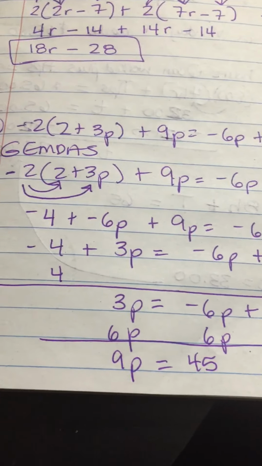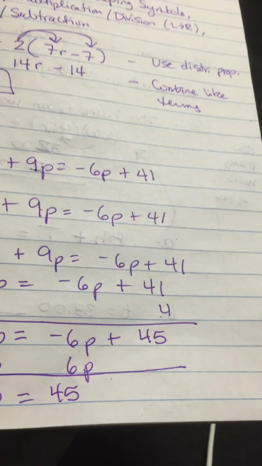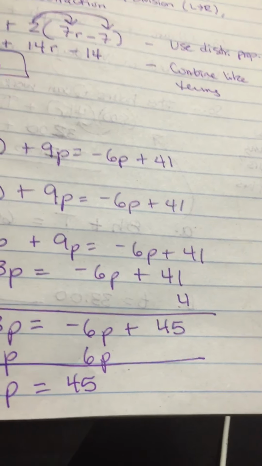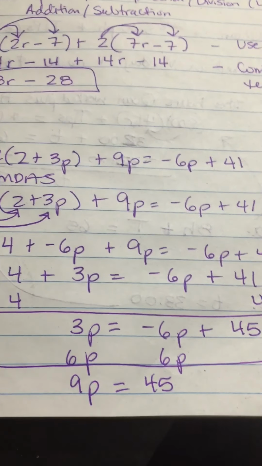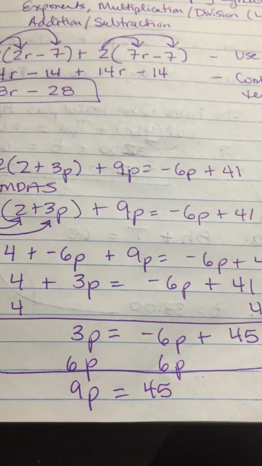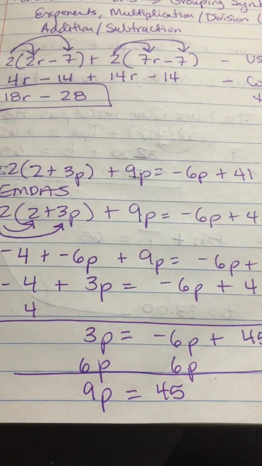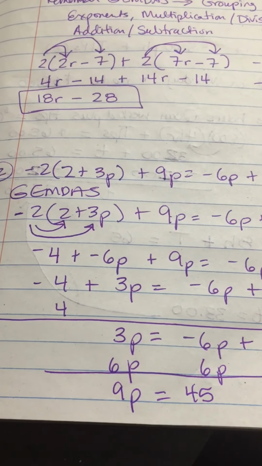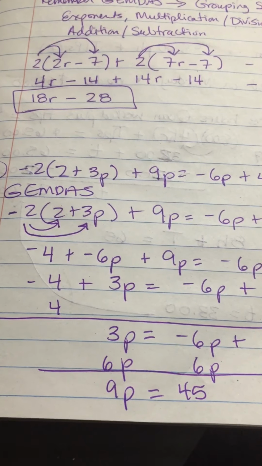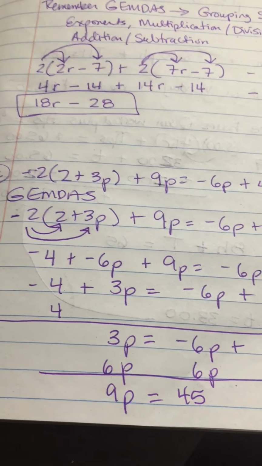Still combining like terms, I see negative 4, and on the other side of the equation, I see a positive 41. Remember, we're solving for p, so we need to combine like terms but also isolate the variable. In order to do that, I'm going to add 4 to both sides of my equation.